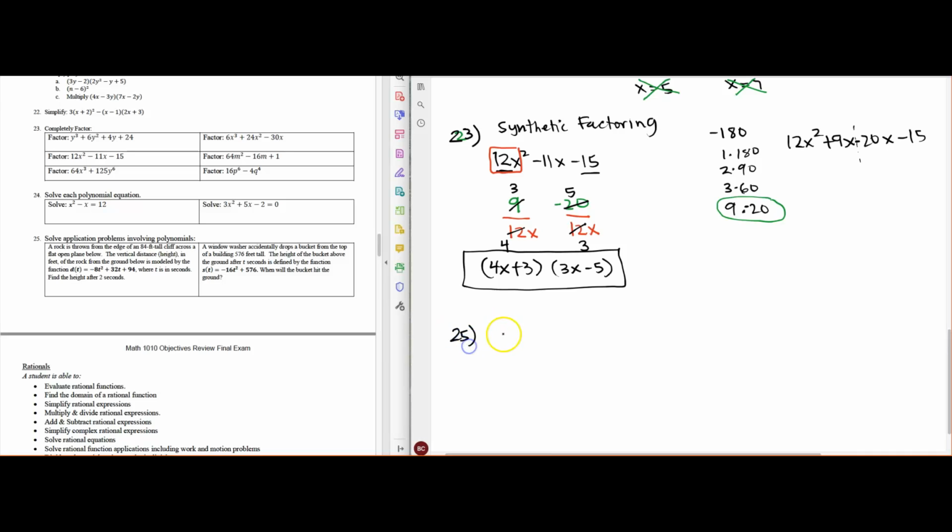So they give you this s of t, the height after t seconds, and it's negative 16t squared plus 576. And it wants to know, when will the bucket hit the ground? I hope it doesn't hit anybody. That would really not be good.